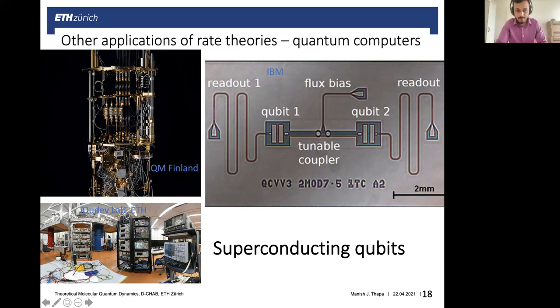And that is our lab, and this is IQM's setup, and this is the lab at ETH, the quantum device lab, and you need to cool this down to almost 0 Kelvin, right? And then you see quantum phenomena.